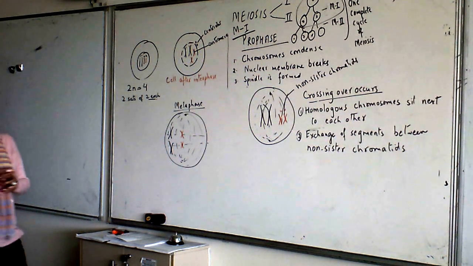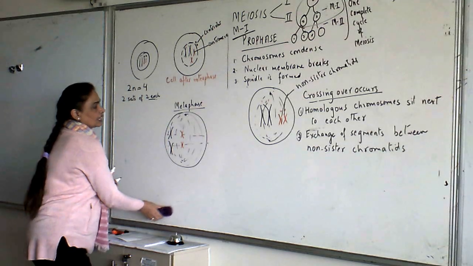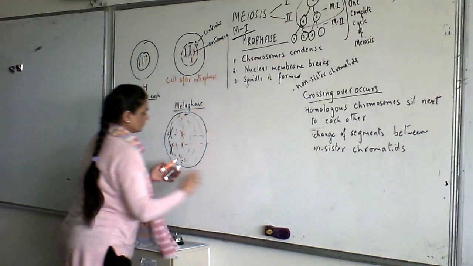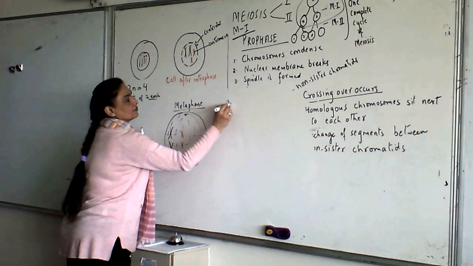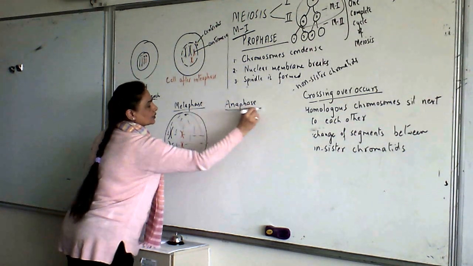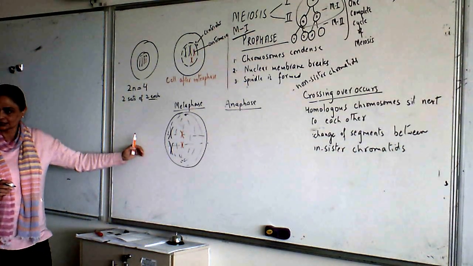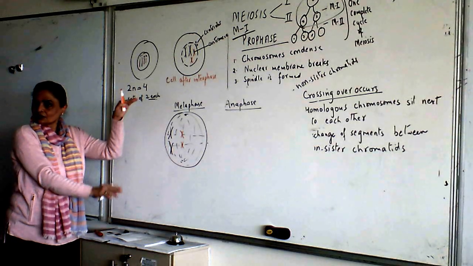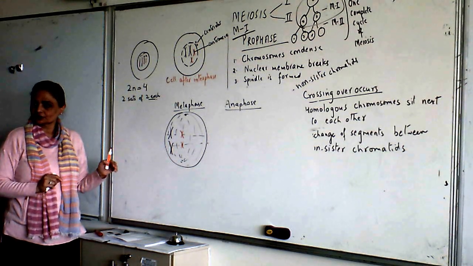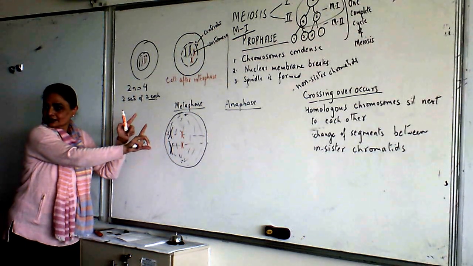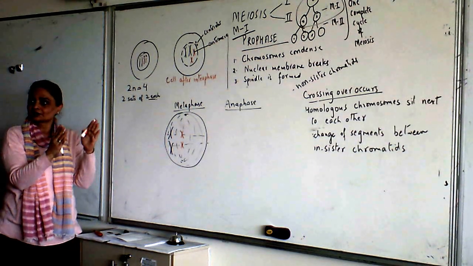Next one is anaphase. What happens in anaphase? These 2 go apart. What happened in anaphase of mitosis? The 2 sisters separate, the centromere splits.